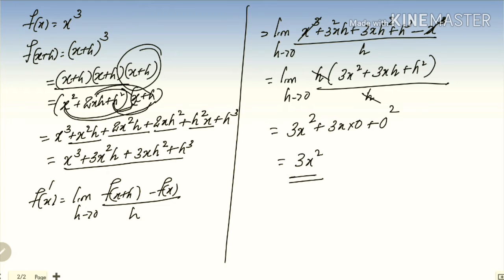It's clear? Now we can move to the next question, f of x is equal to 1 over x. See, a fraction, how do we do it? Just go ahead. f of x plus h is equal to 1 over x plus h.